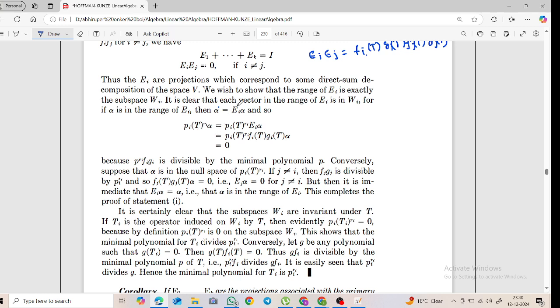So Pi(T) to the power Ri Ei alpha is, putting in the value of Ei there, 0. So alpha is in the kernel of this, which is Wi, because Pi to the power Ri Fi is divisible by the polynomial P. Conversely, suppose alpha is in the null space of Pi(T) to the power Ri, then Fj Gj is divisible by Pi to the power Ri.